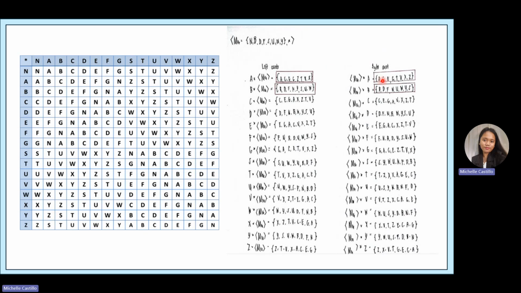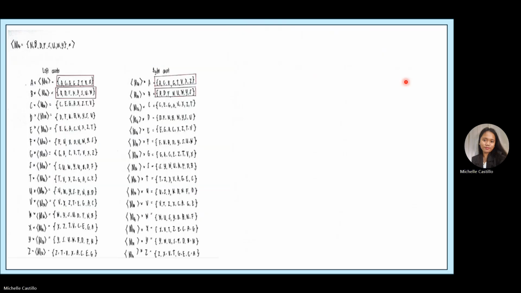Therefore, M sub 16 star a is equal to a, c, e, g, t, v, x, and t. So when we continue this process, we will get these left and right cosets.